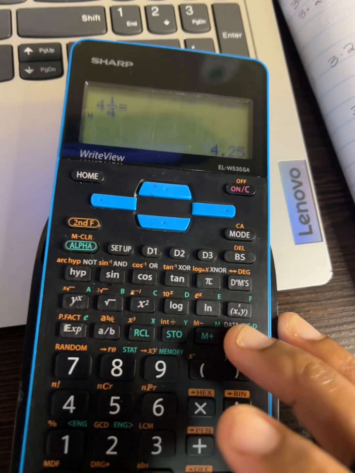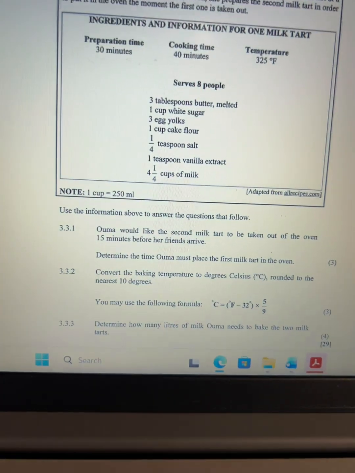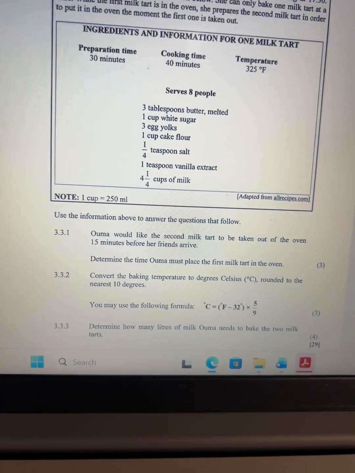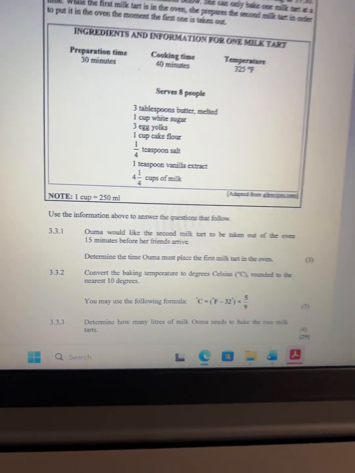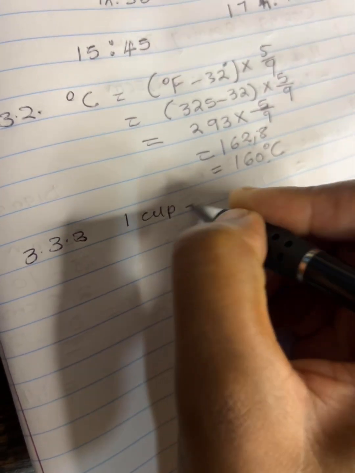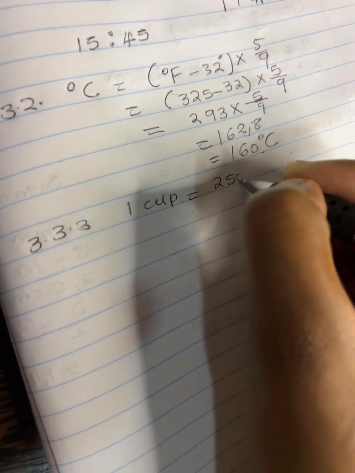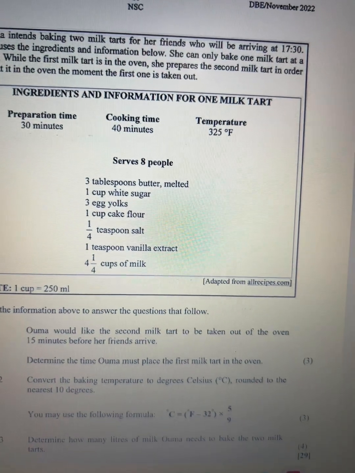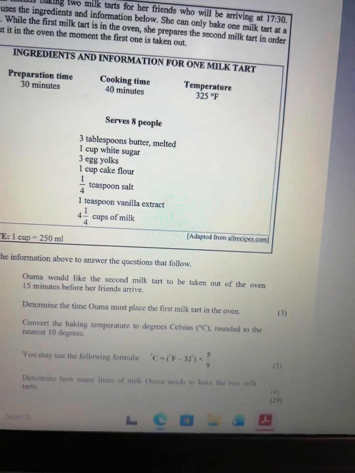4.25. We have the given information, a note which says 1 cup equals 250 milliliters. So 1 cup equals 250 milliliters, and here we have 4.25 cups of milk.